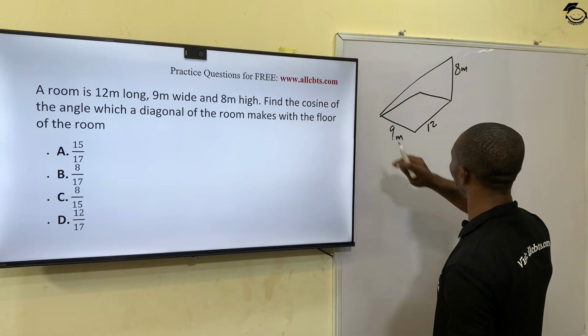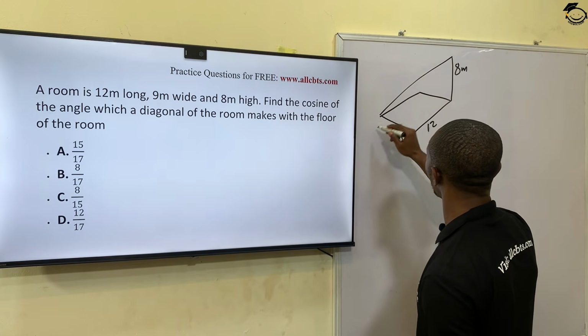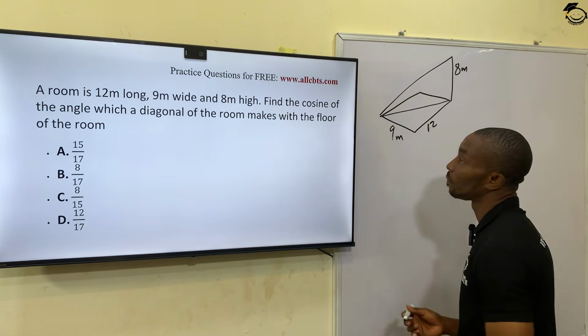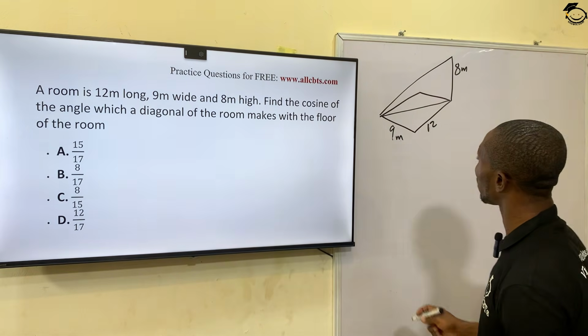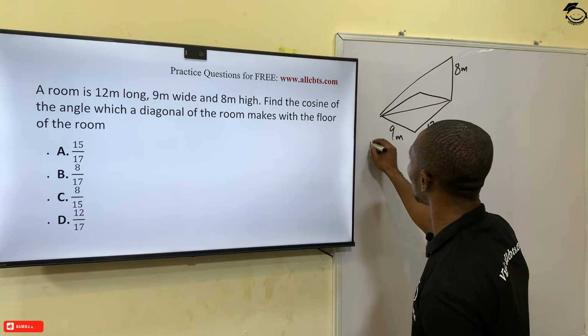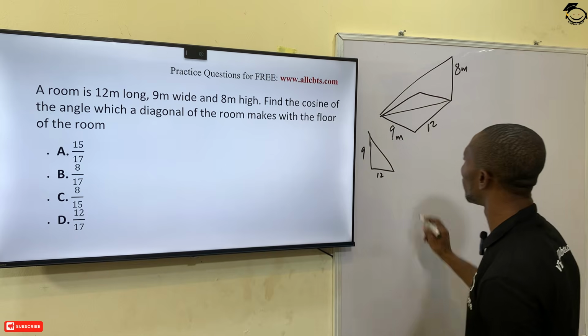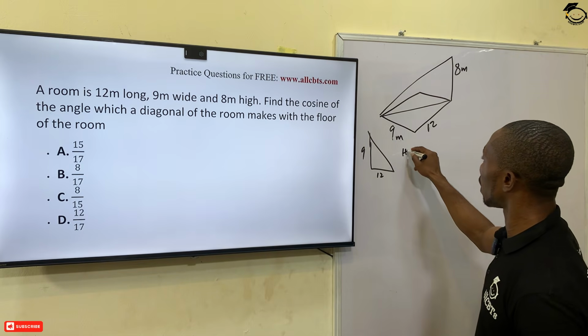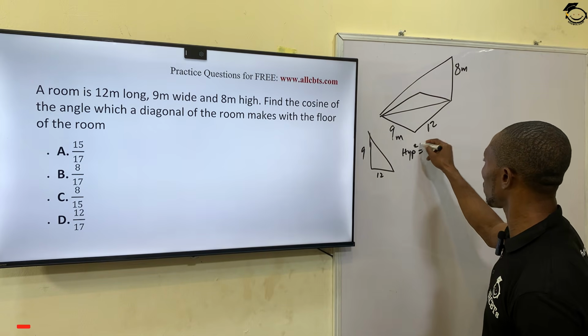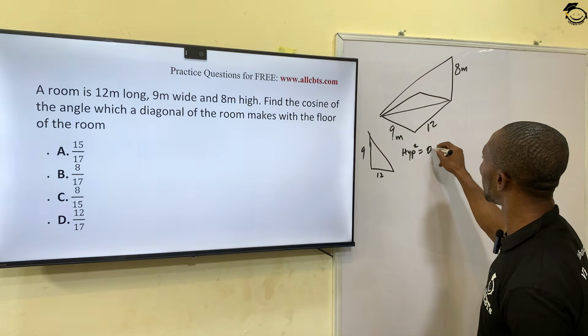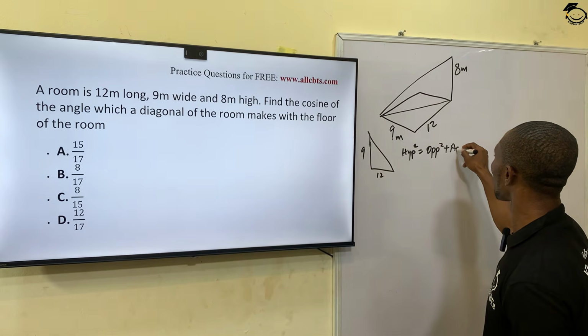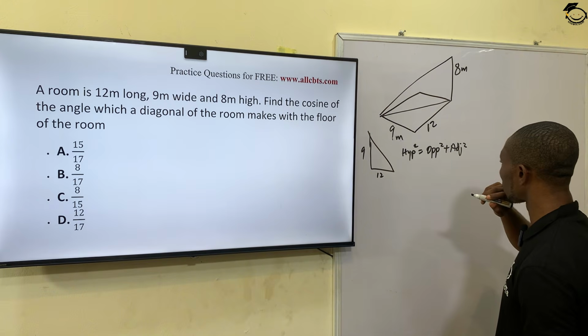So first off, for us to calculate this diagonal, we have to calculate the diagonal of the floor. Now, calculating the diagonal of the floor, we have a right angle triangle, where we have 9 and 12. Pythagoras rule says hypotenuse squared equals opposite squared plus adjacent squared.